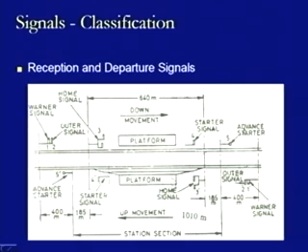I understand that it is now clear to you how the trains are received on a platform or in a station area, or how the trains depart from a station area using certain types of signals, and what the names of those signals are. So, next time whenever you are visiting the station or using the train to reach your home, you can look at all these aspects and try to locate all these types of signals.